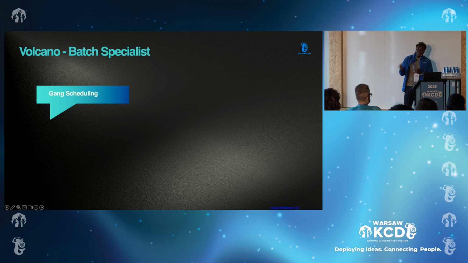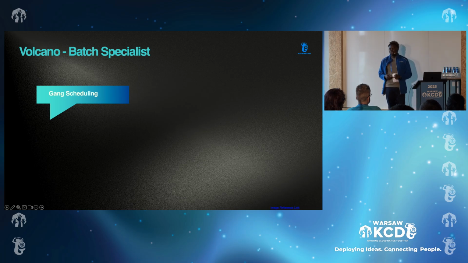Now, what happens when you submit a Volcano job? When you submit a Volcano job, the Volcano controller watches for the request of that particular job, and based on that, it creates a pod group for you. And from your pod group, it then creates the different pods and adds an annotation of that particular pod group name to the different pods that are created.